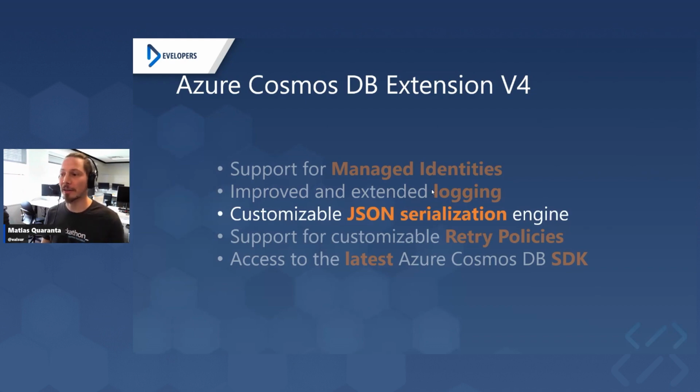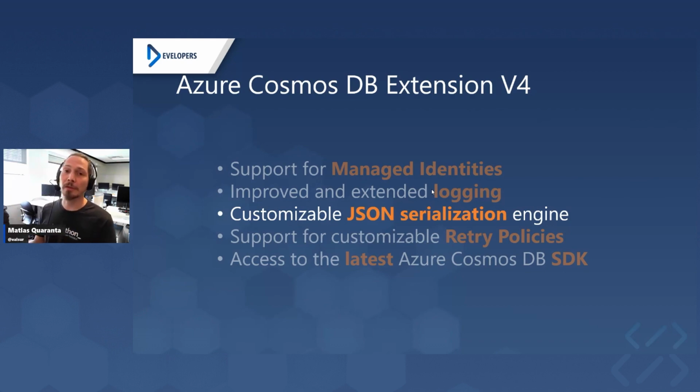We added a custom serialization engine for JSON. So we know that Cosmos DB stores documents as JSON. So there is a process, and we'll see it in a bit, where that raw JSON travels into your Azure function code. That goes through a JSON deserialization process. Or if you're saving data, that goes through a serialization process.